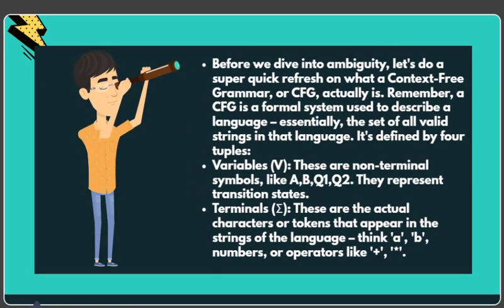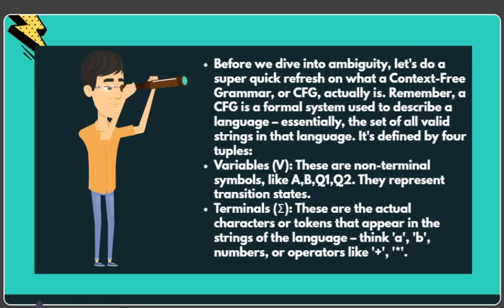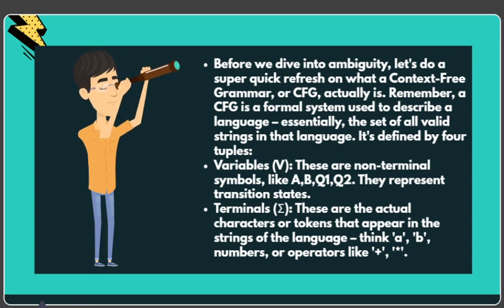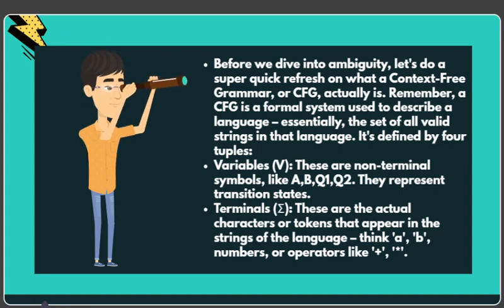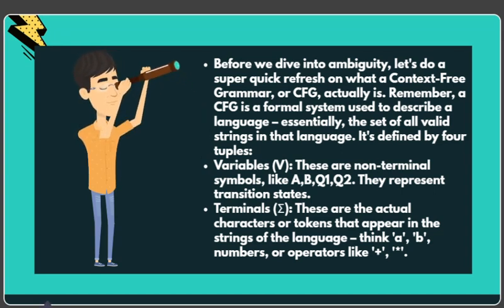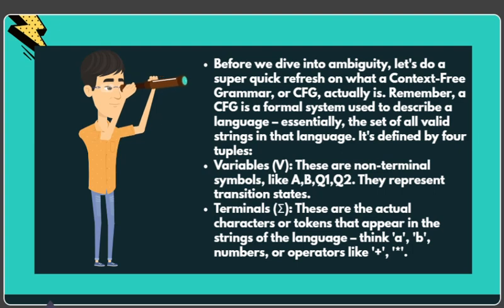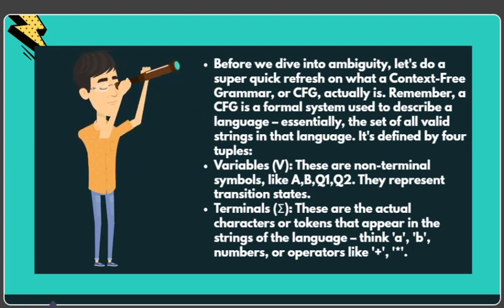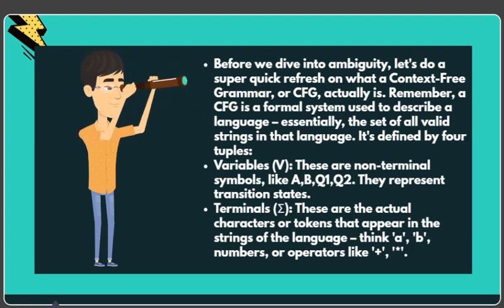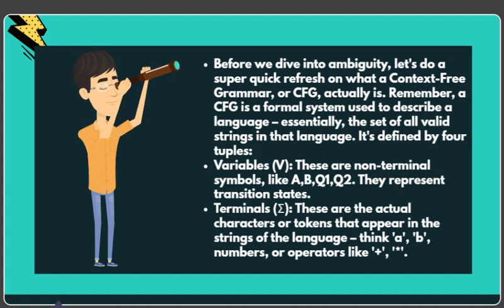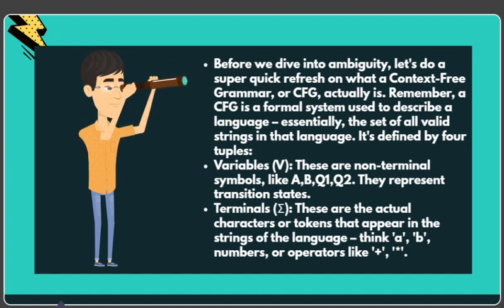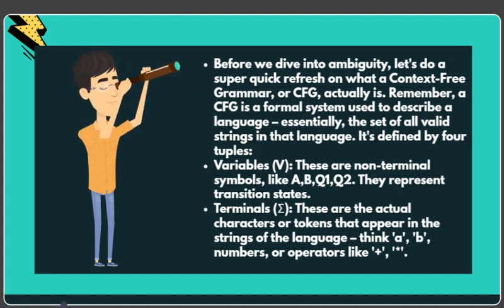Before we dive into ambiguity, let's do a super quick refresher on what a context-free grammar, or CFG, actually is. Remember, a CFG is a formal system used to describe a language, essentially the set of all valid strings in that language. It's defined by four things. Variables, V, these are non-terminal symbols, like A, B, Q1, Q2.